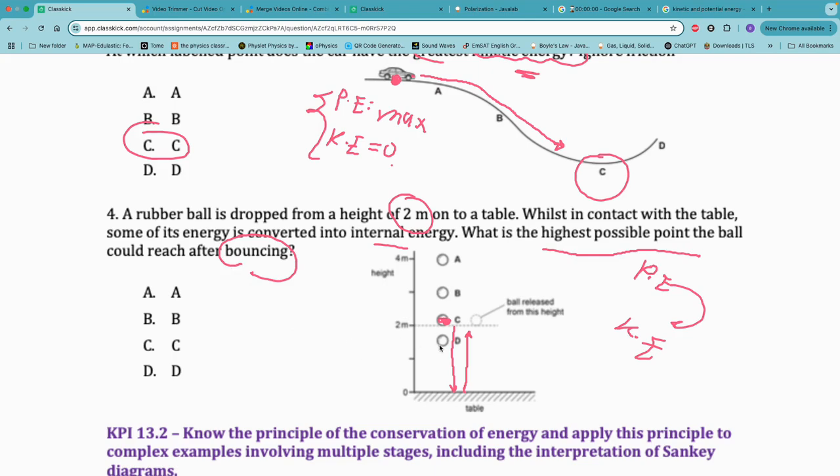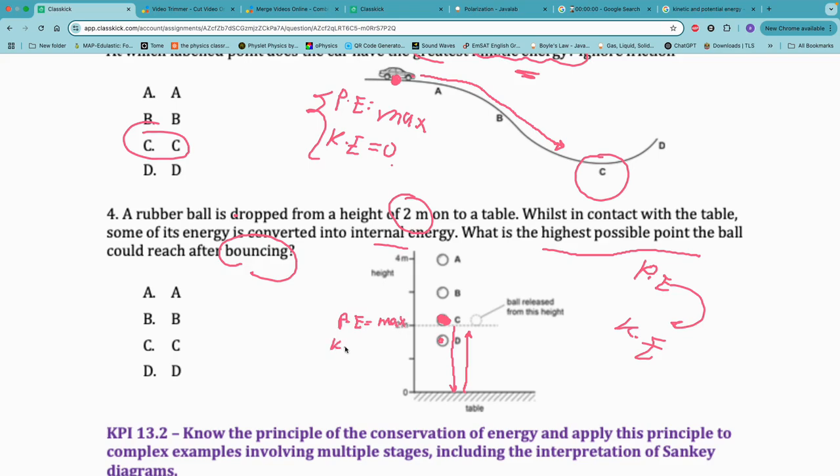So after bouncing back, obviously it will be D, because to understand the situation here, at the beginning, it will be dropped from this point. This means potential energy is going to be maximum.